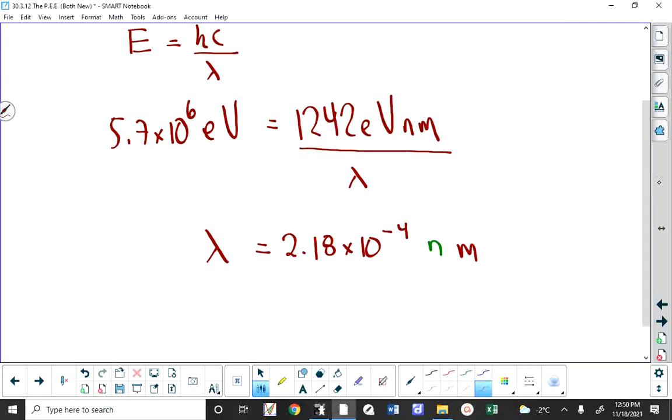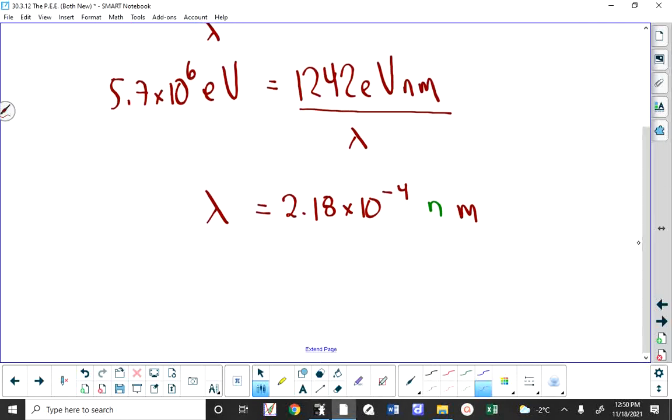We won't worry about the rounding because I'm going to carry the decimals on my calculator if I needed to. This is lambda equals 2.18 times 10 to the negative 4 nanometers, but a nano is 10 to the negative 9. So if you multiply that together, you're going to get 2.19 or 2.1 whatever multiplied by 10 to the negative 13 meters, which is the answer to the question.